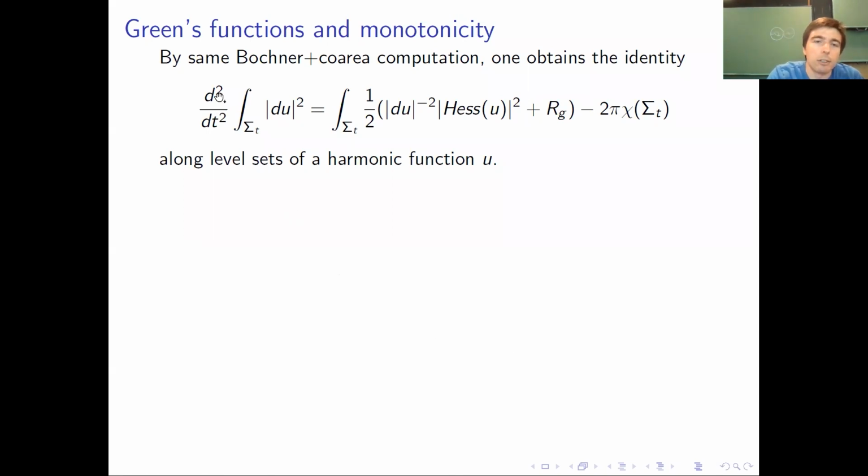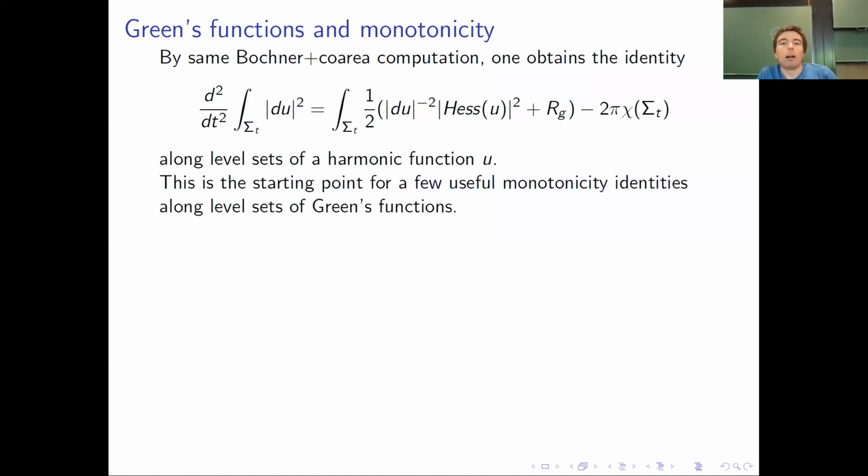So, for instance, you can see that d/dt squared of this integral along the level sets of the energy density is going to be given by the same bulk integral we had before along a given level set. Okay, so you can localize these computations along a given level set. And you can build various more interesting monotonicity formulas from this. All right. So in particular, you can apply this to Green's functions as a natural setting to look at.